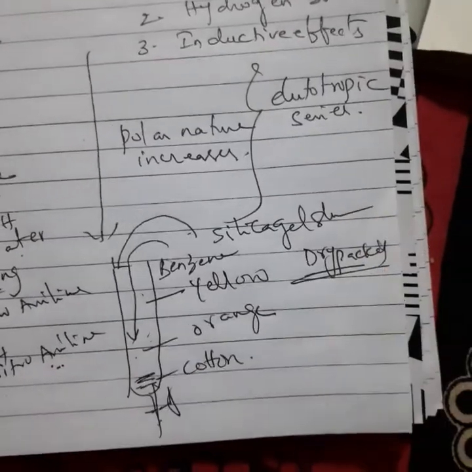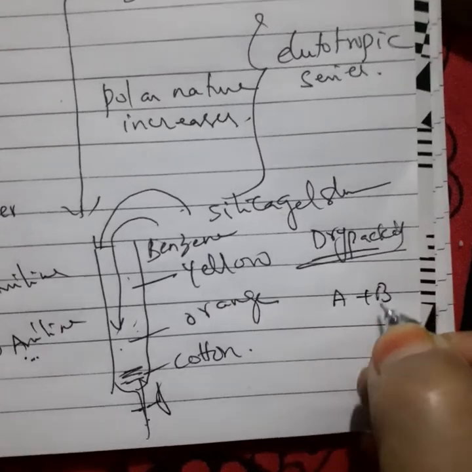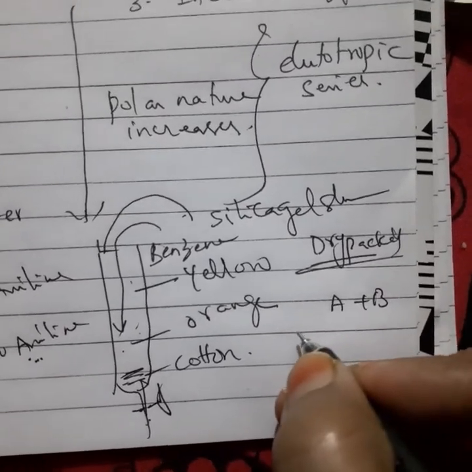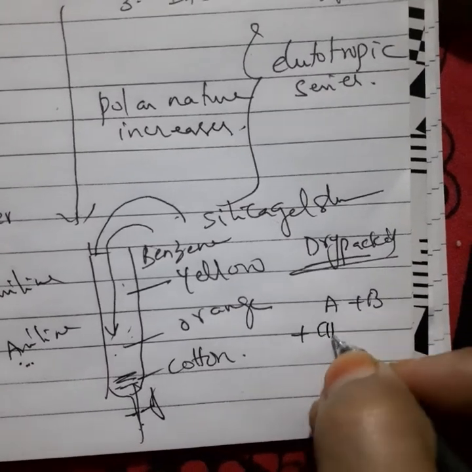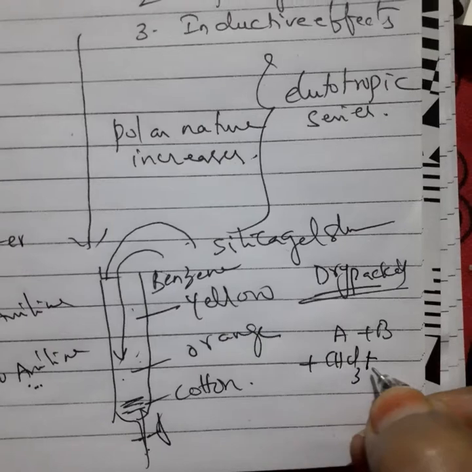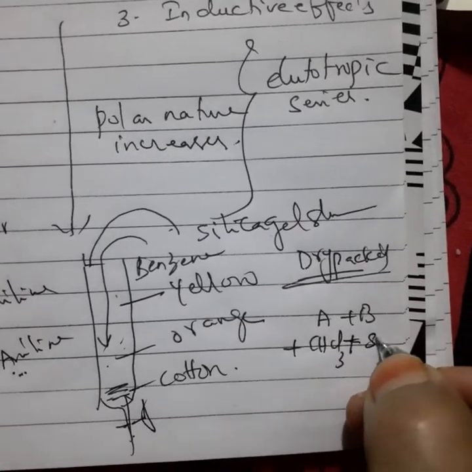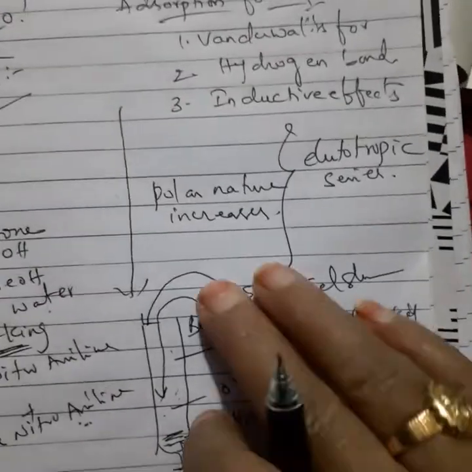So the main difference is these two reaction mixtures, what we want to separate. Generally we add organic solvent. Here the organic solvent is CHCl3, that is chloroform, which is added to this silica gel. I will explain clearly to you.